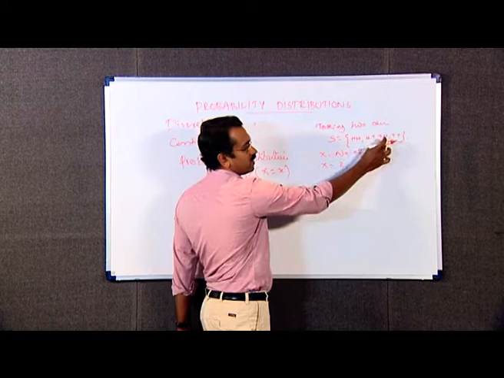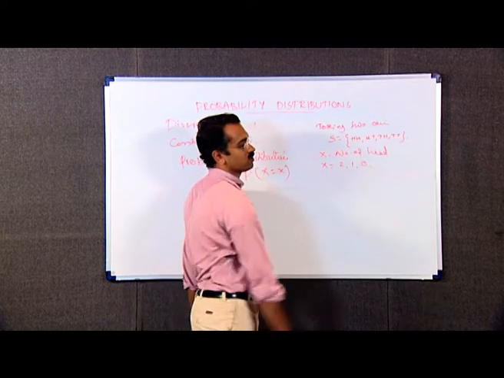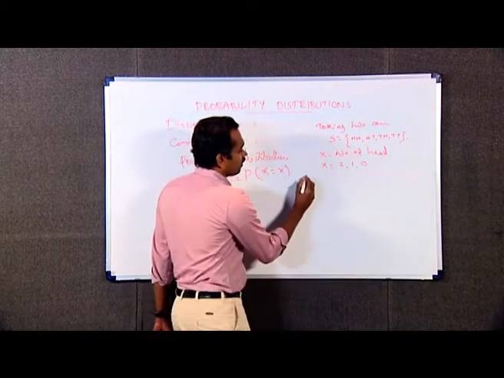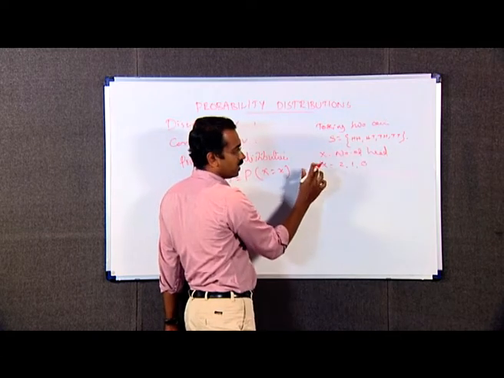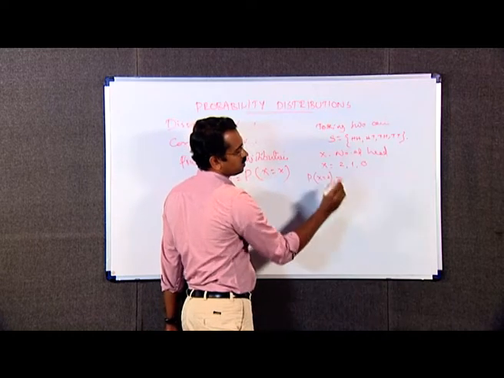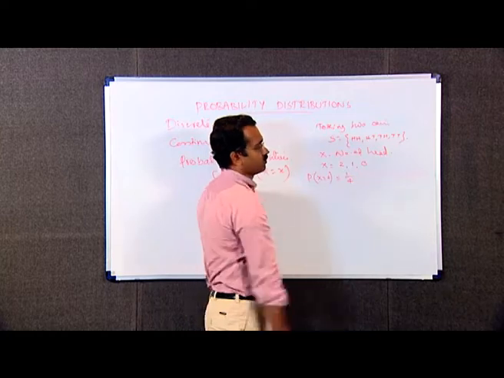For HT or TH, the value of x is 1, and for TT, the value of x is 0. The probability of getting two heads means p of x equal to 2, which is 1 by 4.